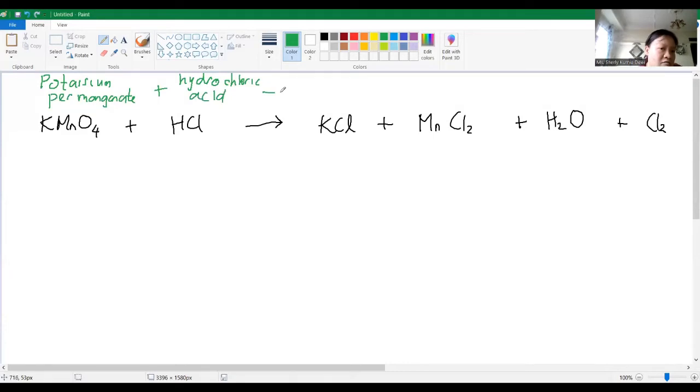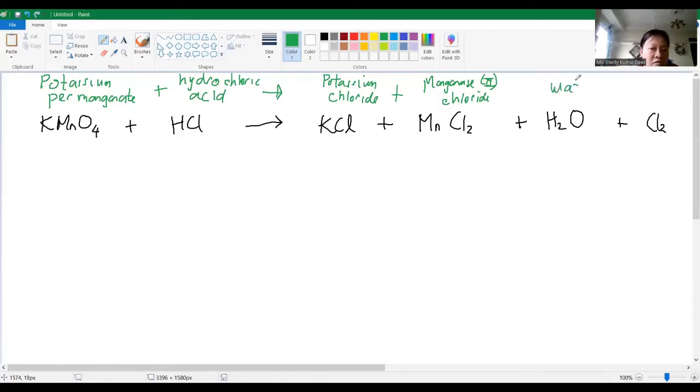It will create the products potassium chloride and manganese chloride. This is also a transition metal, so therefore, manganese(II) chloride. There, I put the brackets with the Roman numeral.